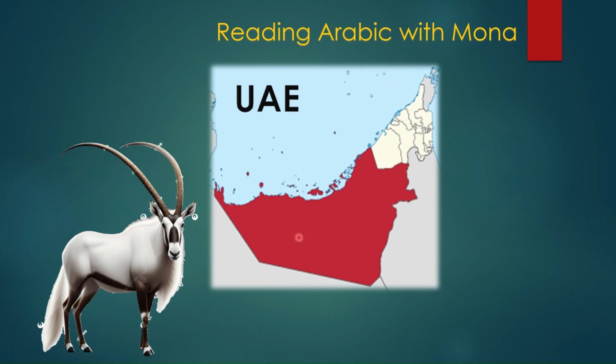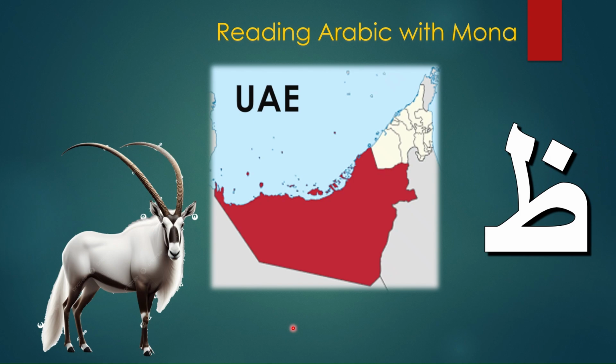So we have two words, Dhabi and Abu Dhabi, and they both start with the letter Dha. And this is a rare animal, like the rare sound and letter of the Arabic alphabet Dha.